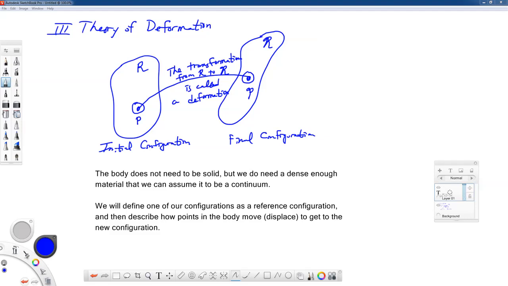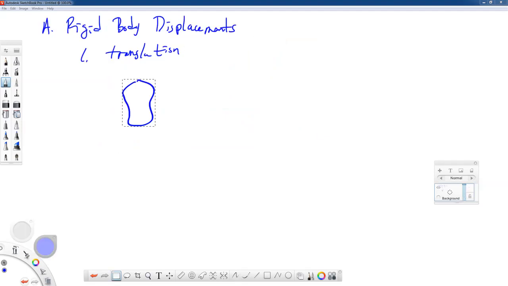So let's talk a little bit about rigid body motion first. We'll actually talk about it again after we talk about something called the Jacobian. So there are a couple different types of rigid body motion, rigid body displacements. First of which we can talk about are translations.